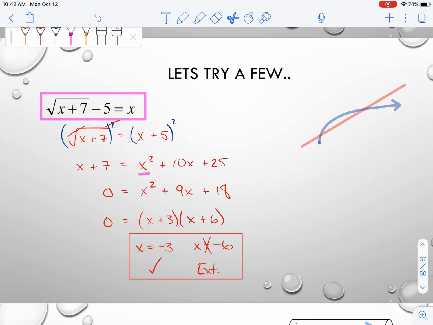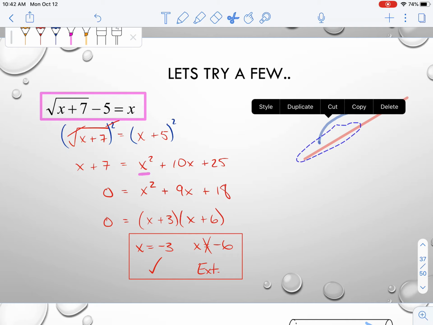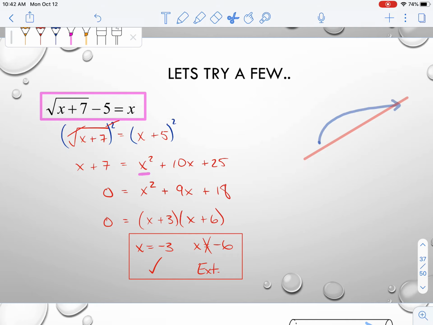I could have a linear function that touches in two places and is intersecting my square root in two places where I get two solutions that work. Or I could also be down here somewhere and have a linear function that misses on the left side but touches on the right and has exactly one solution.